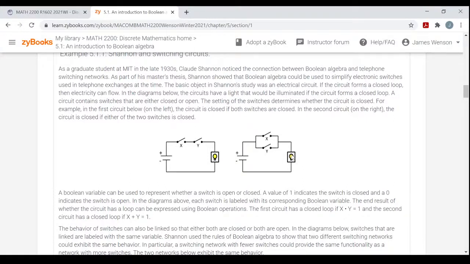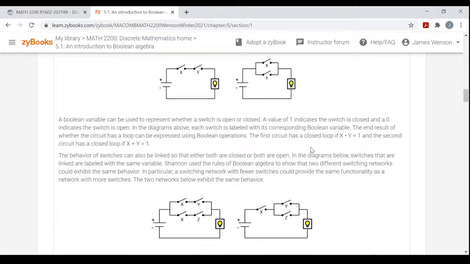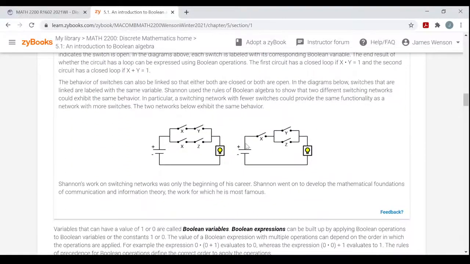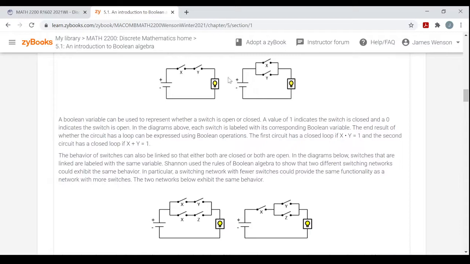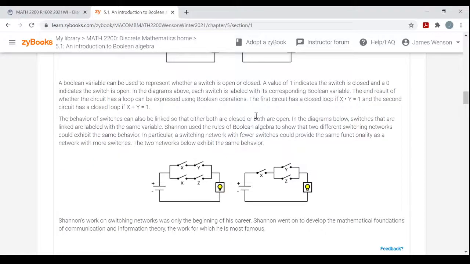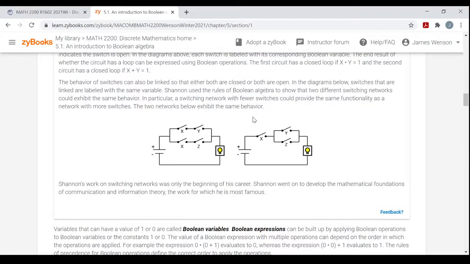So 1 plus 0 would be 1, or 0 plus 1 would be 1. And if they were both closed, 1 plus 1 would be 1. The light bulb would definitely be on. And in this case, when 0 plus 0, they're both open, the light bulb would be off, right? 0 plus 0 would be 0. Okay. And then, playing around with these pictures, you could show when two particular operations were equivalent.